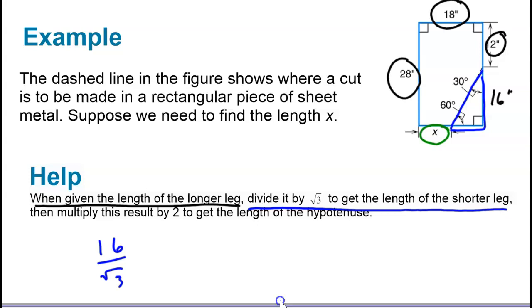Taking the square root of 3, we know that that is 16 divided by 1.73. And let's go ahead and do the math, get our calculator here.